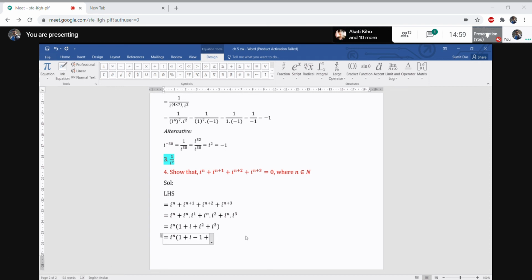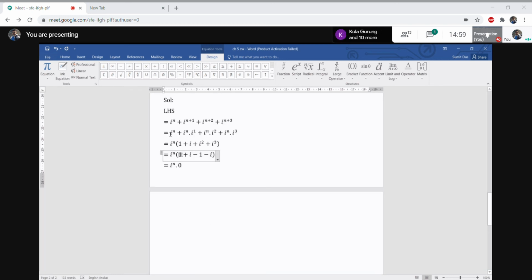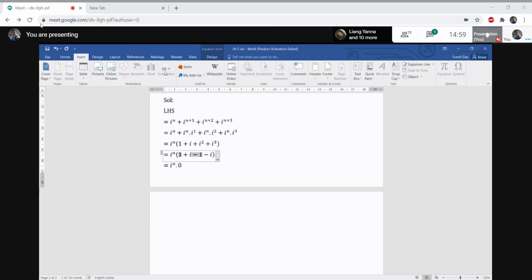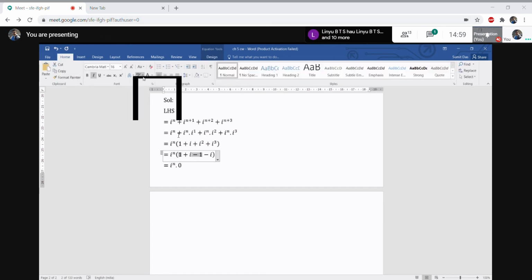What is the i cubed value? Minus i. If you have doubt you can check the previous thing. So it will be i^n into 0, because look, 1 and minus 1 will cancel, and plus i and minus i will cancel. So the answer is 0.